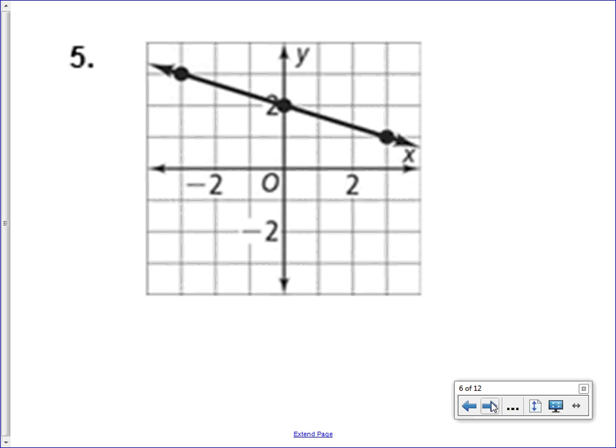Okay, this next one. Again, rise over run. So if I looked at my rise on this one, I'm going down 1.